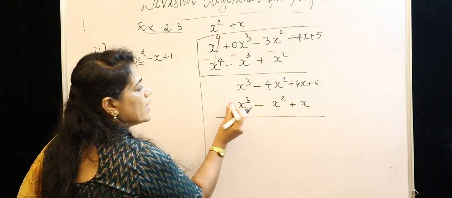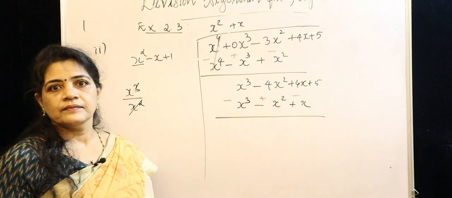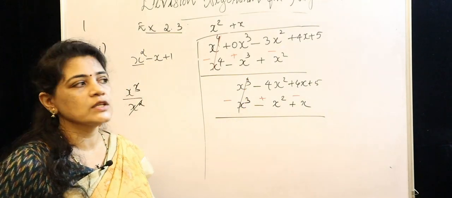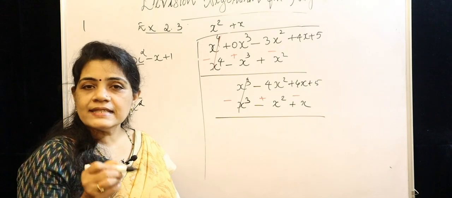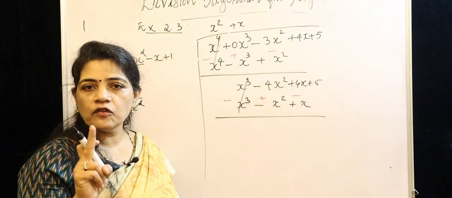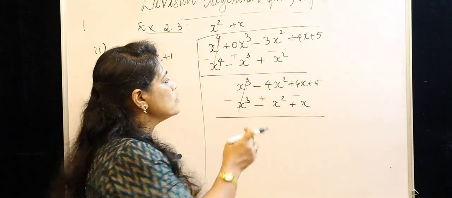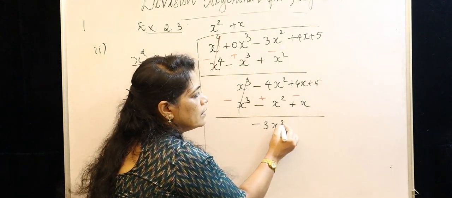Okay, that is minus x cube plus x square minus x. Okay, now we can cancel x cube and minus x cube. Okay, minus 4x square plus x square. Plus x square means its coefficient is 1. So we can add or subtract the coefficients. So minus 4 plus 1, minus 3 and x square.